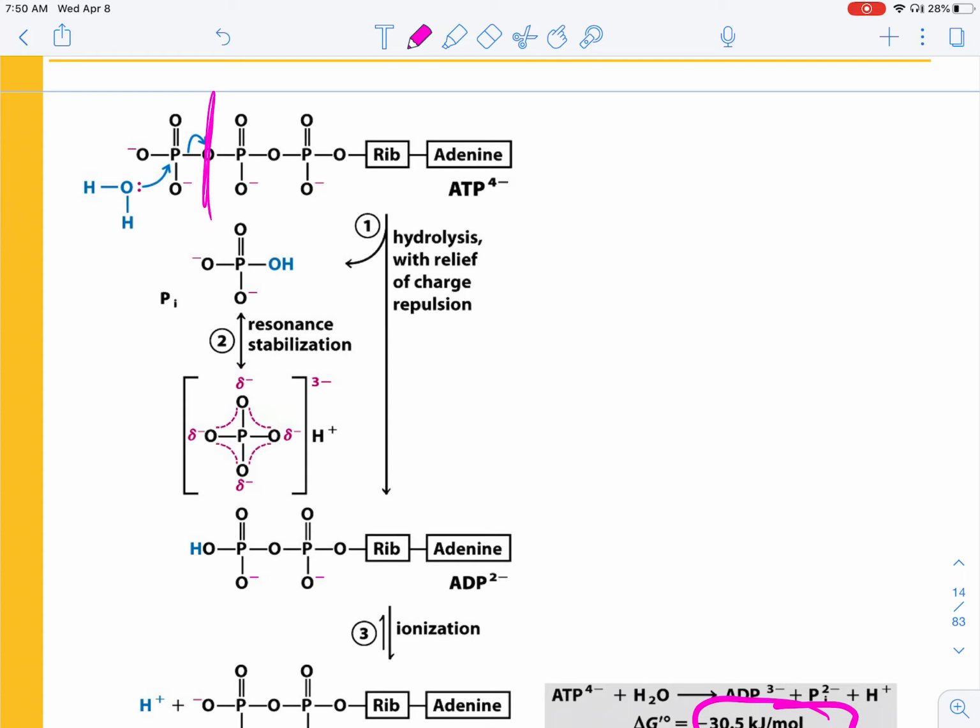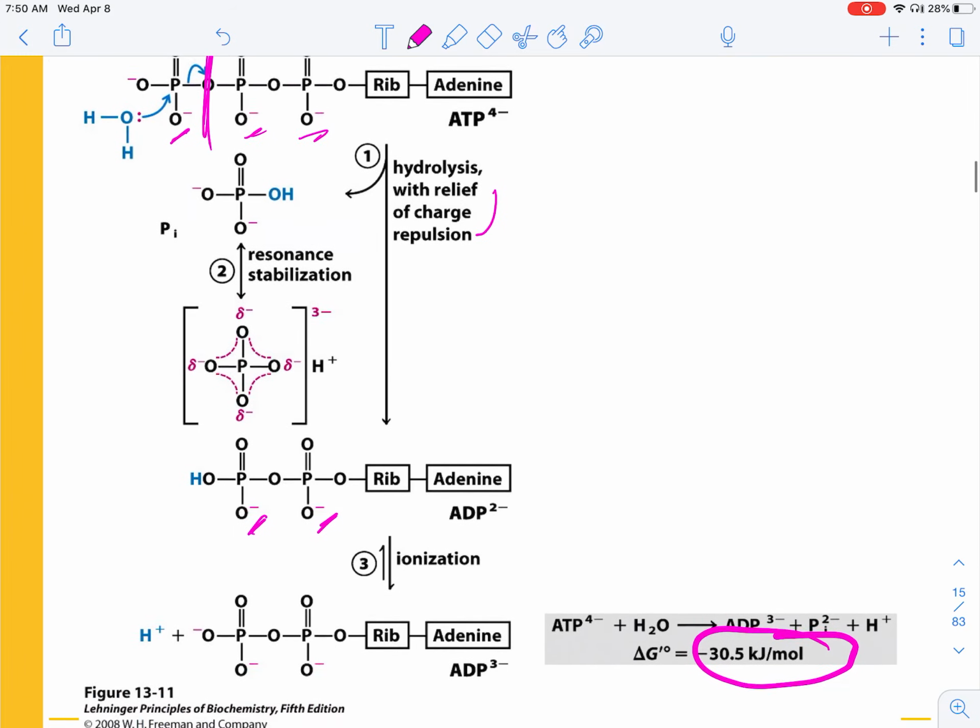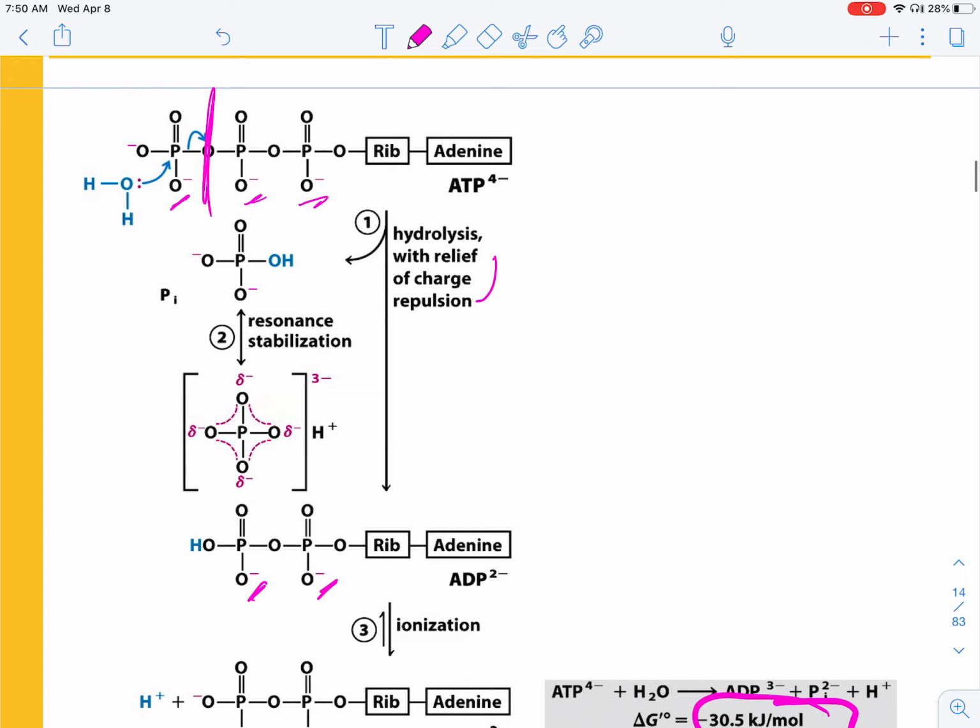And so you release energy from the hydrolysis, and you get a relief of the charge repulsion. So instead of having three negative charges very close together, you have two. And they aren't quite as sick of each other, quarantined together in a small space or whatever. So that is one way to get energy out.